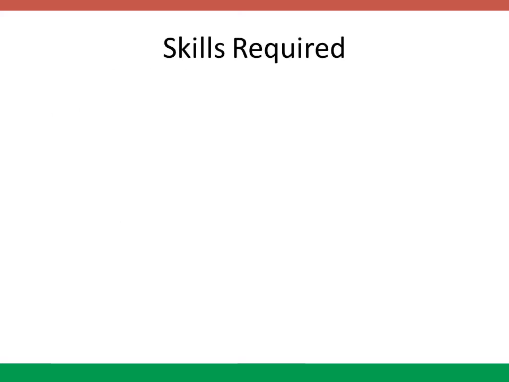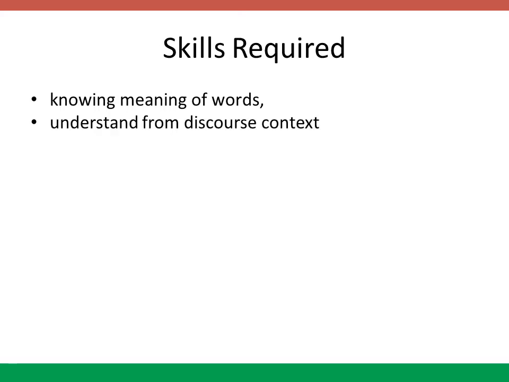Now we look into the different skills required for reading comprehension of technical material. First is knowing the meaning of words. We should know the meaning of words that are used in the material. Not necessarily all the words, but if you know most of the words, we can get the information by reading, even if we do not know the meanings of some words.